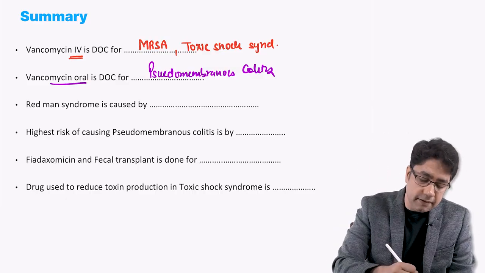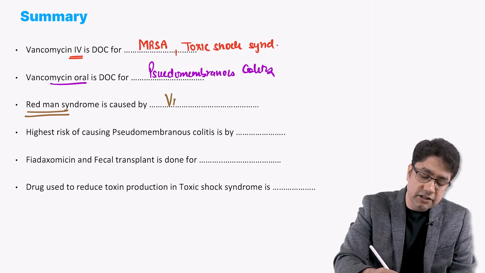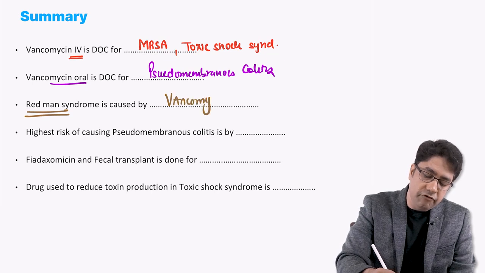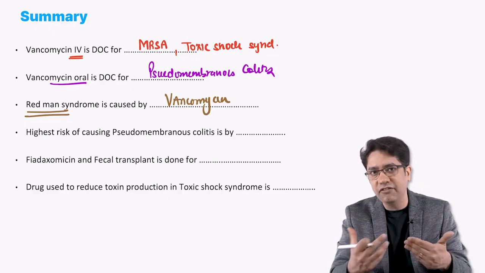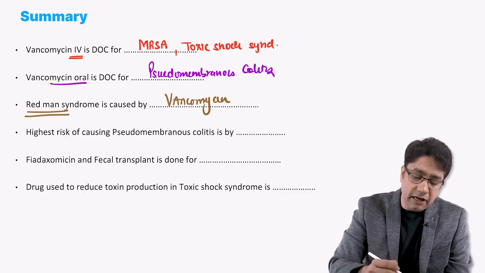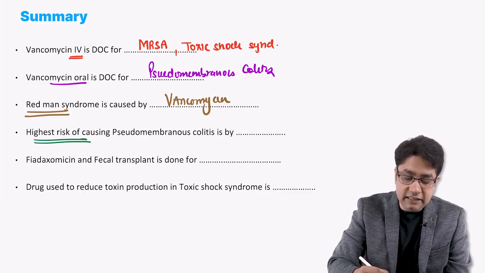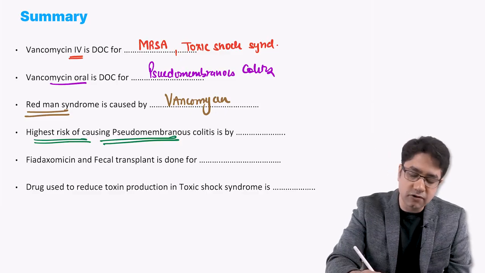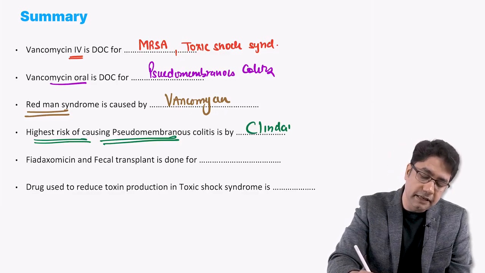Which drug causes red man syndrome? Massive histamine release from mast cells. Vancomycin with fast infusion causes red man syndrome. Which antibiotic itself can cause the highest risk of pseudomembranous colitis? It is clindamycin.